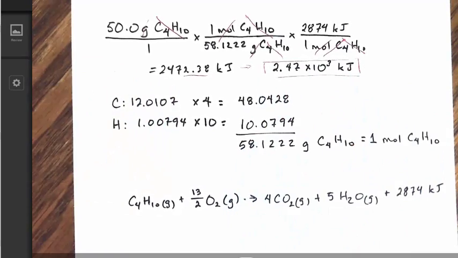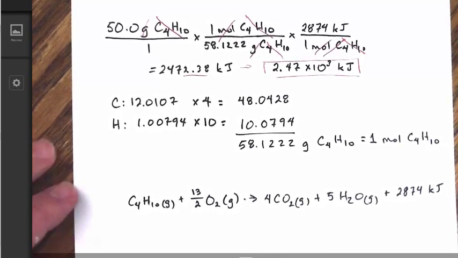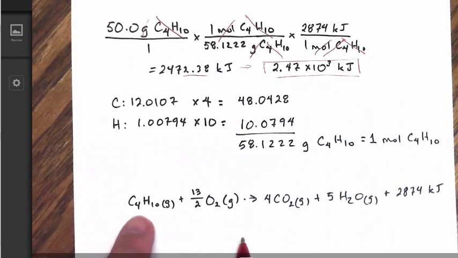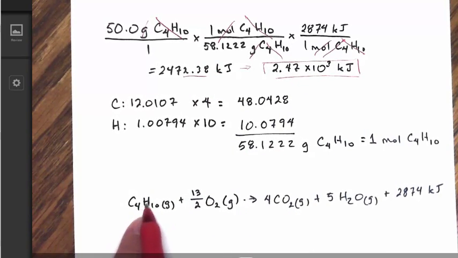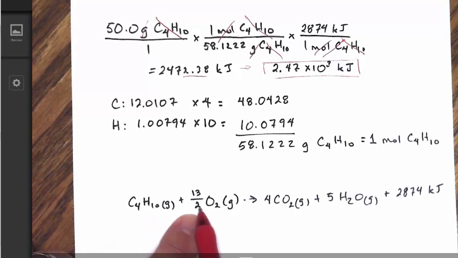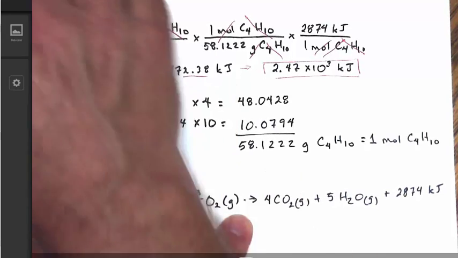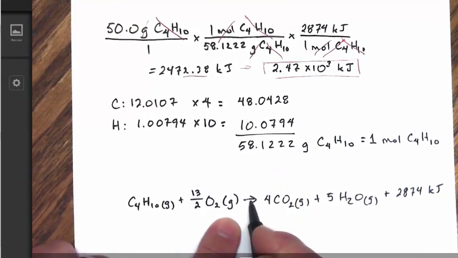All right, let's talk about how we would normally go about giving you points for this. Not grading it today, but if we were, everything I wrote down here on this page is worth a point. I'd give a point for this formula, a point for the plus sign, a point for this coefficient, a point for this formula, a point for the arrow here. The arrow is a type of operator, it's required.